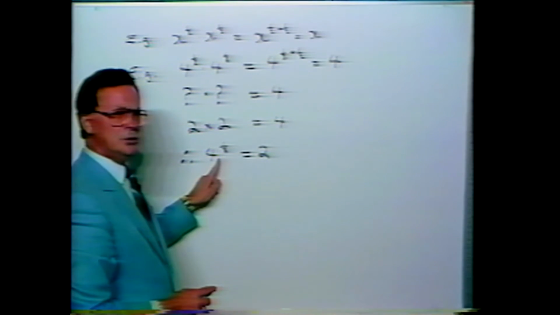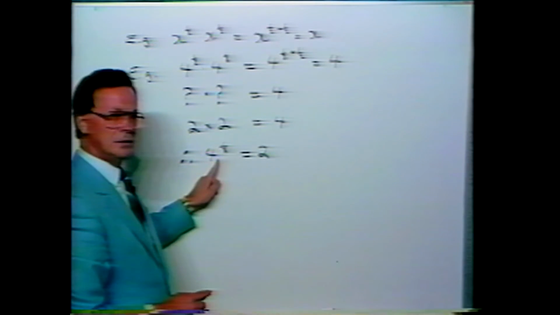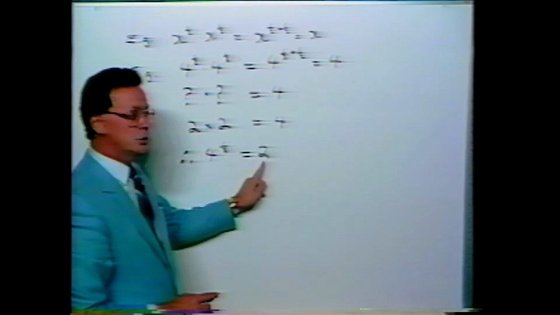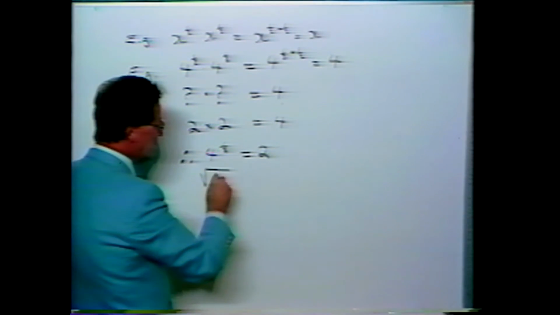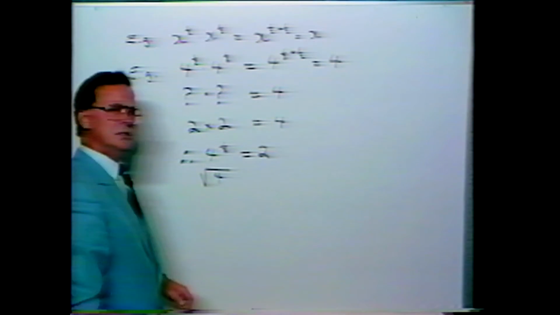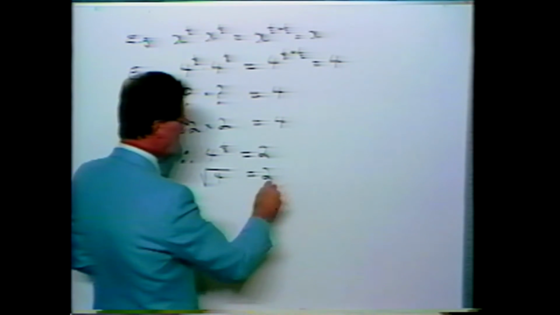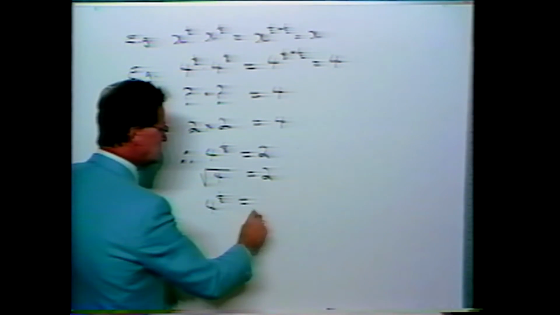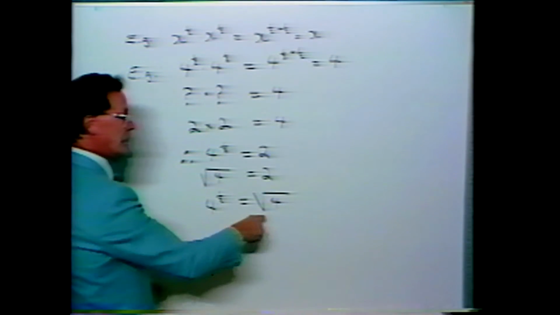But we also know an additional fact regarding 4, in that the square root of it is 2. The conclusion is then that 4 to the 1/2 must also be the same as the square root of 4. The interpretation of this fraction is that it is the square root of 4 as a radical.